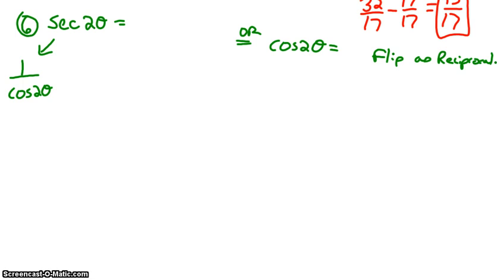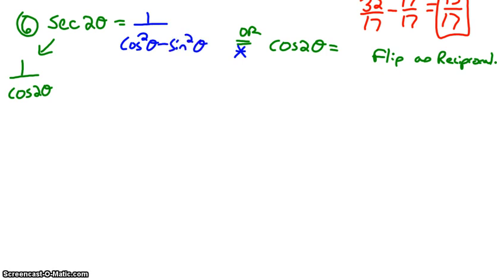This tends to be my favorite way, but let's look at the first way. If we do this, I will have 1 over cosine squared theta minus sine squared theta.